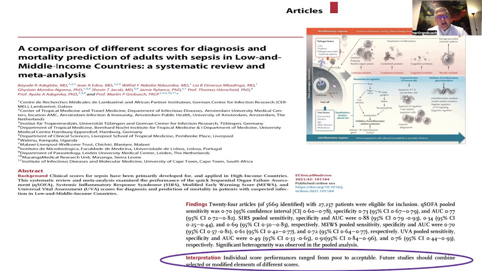In an attempt to compare quite a number of those scores with each other with regard to their functionality in low and middle income countries, we came to the conclusion in a recent systematic review and meta-analysis that individual score performances range from poor to acceptable in various settings, and that future studies should combine maybe elements of the various different scores.